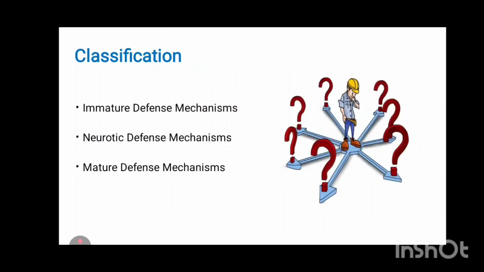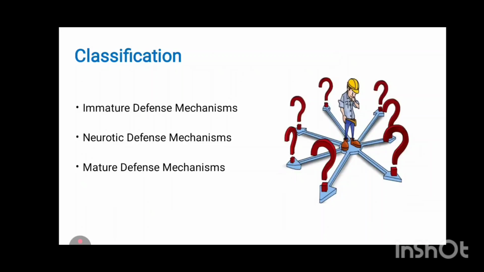Now, ego defense mechanisms are broadly classified into immature defense mechanism, neurotic defense mechanism, and mature defense mechanism. Immature defense mechanisms are primitive, less effective, unconscious coping strategies that distort reality and are commonly seen in children, adolescents, or individuals under severe stress.